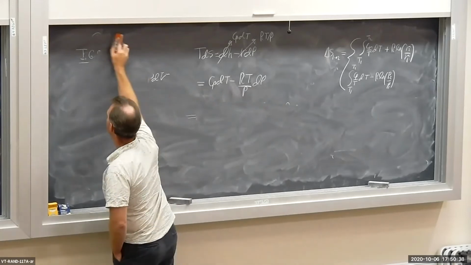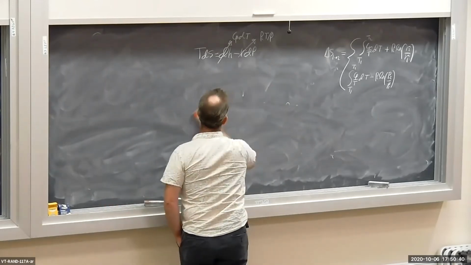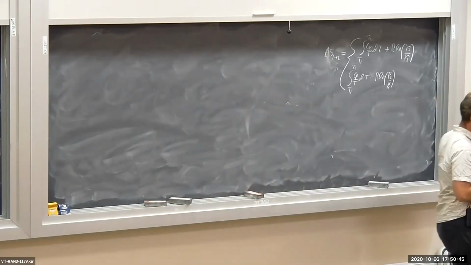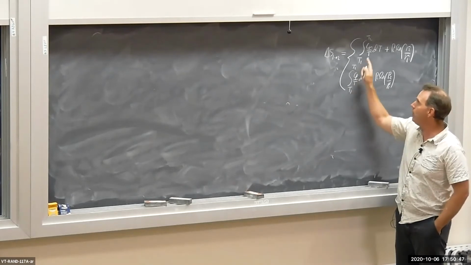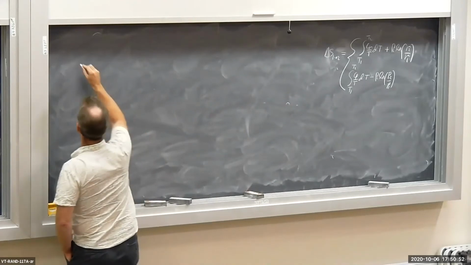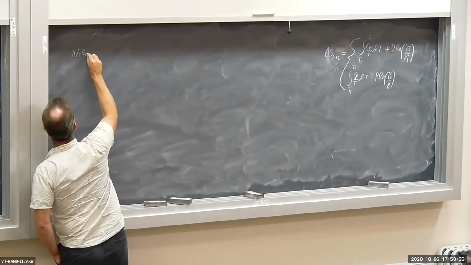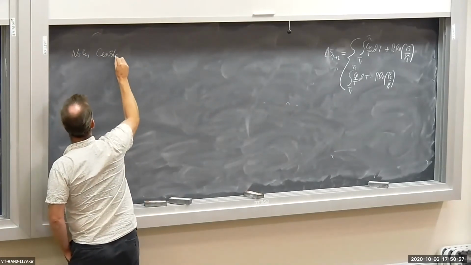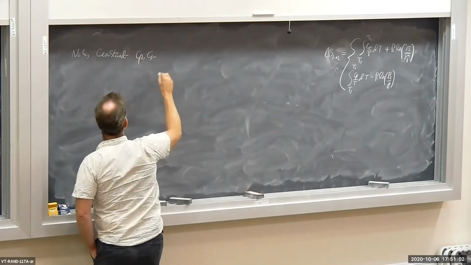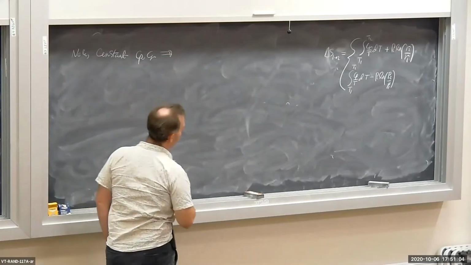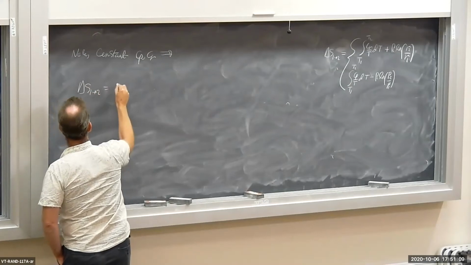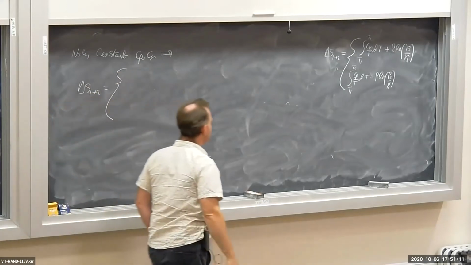Now, for constant specific heats, Cv and Cp pull out of the equation. So, note, constant Cp and Cv, we get the following. Delta S 1 to 2 is equal to, and I have two expressions.